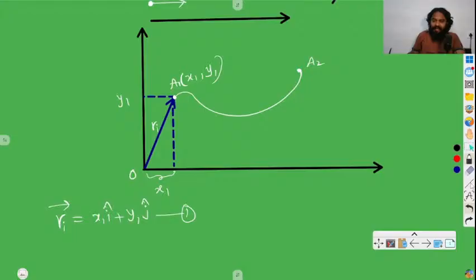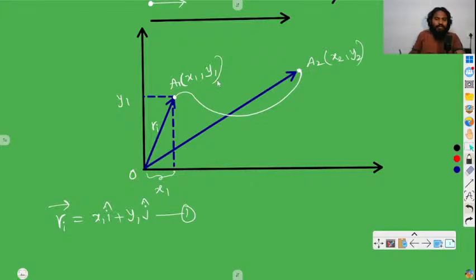At the same time, if I want to draw the final position vector, it is from here to here, right? This is the final position vector, from the origin to point A2, and it is situated at the point x2 comma y2.